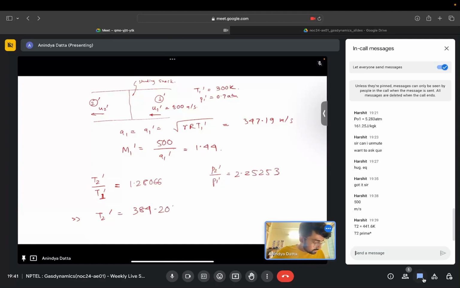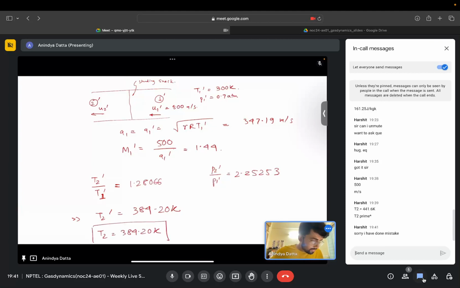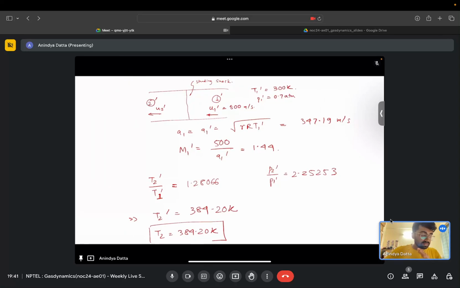So T2 is equal to 384.20 Kelvin. Be careful while making this translation, and the Kelvin values.